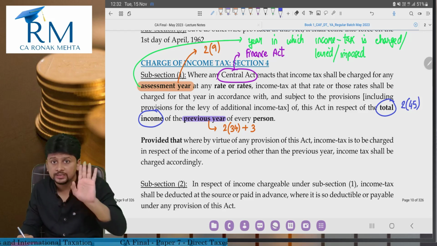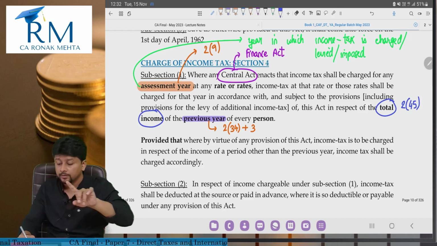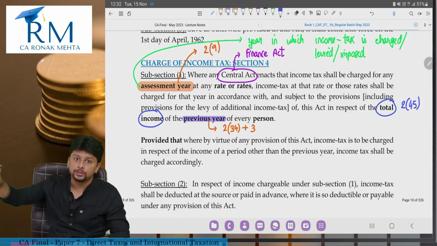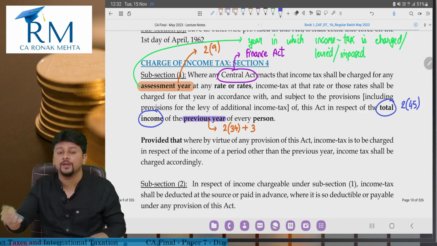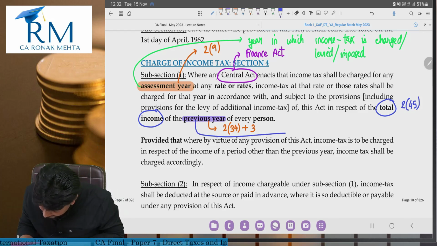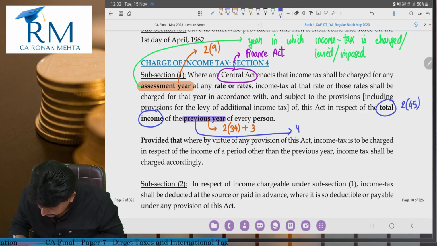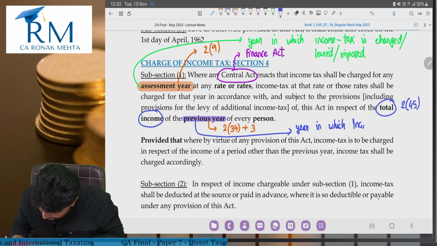Not total income of the assessment year. Income tax shall be charged in respect of the total income of the previous year. Which means what are we doing in the previous year? Previous year is the year in which we are earning the income. Previous year is the year in which the income is earned.